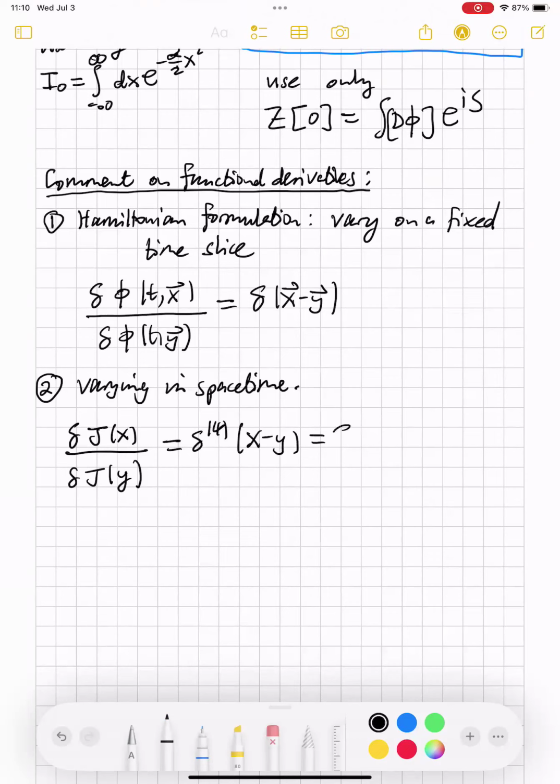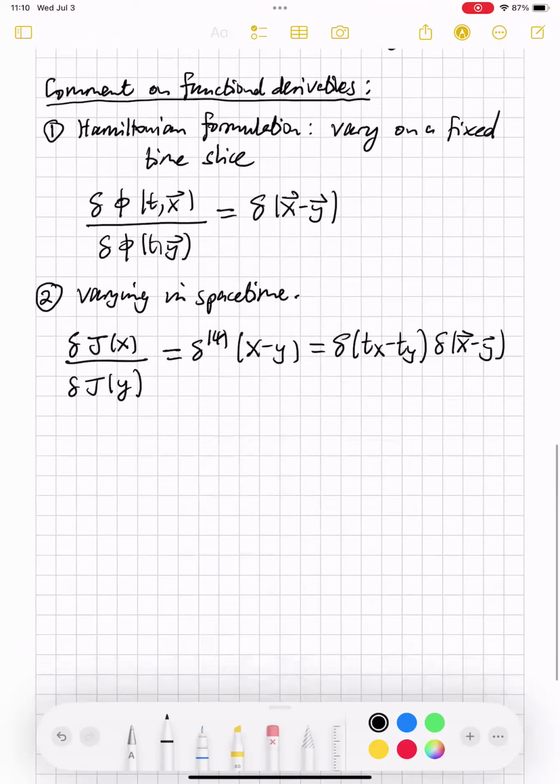There will be one term which sets the two times equal, and then the term that you're used to, which is just the spatial delta function. That's because we're now varying functions that depend on four coordinates, whereas in the Hamiltonian approach, we're varying functions that depend on only three coordinates because we've held t fixed. We're only thinking about how things depend on spatial x and spatial y.